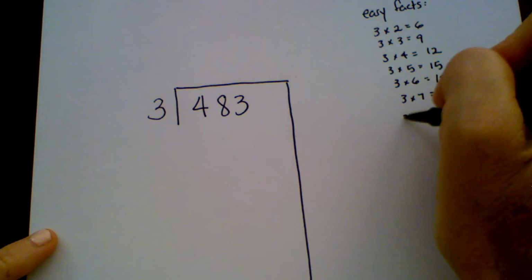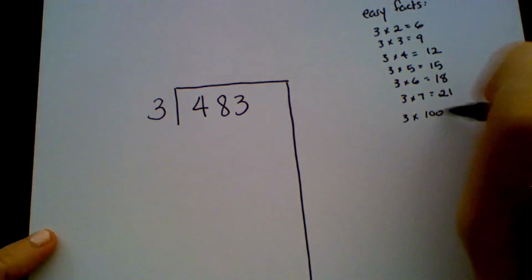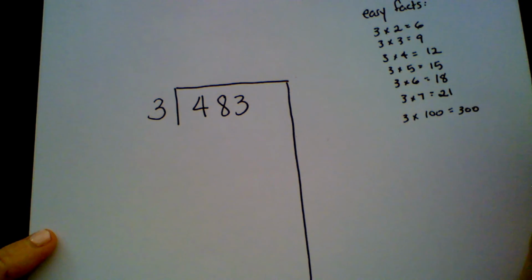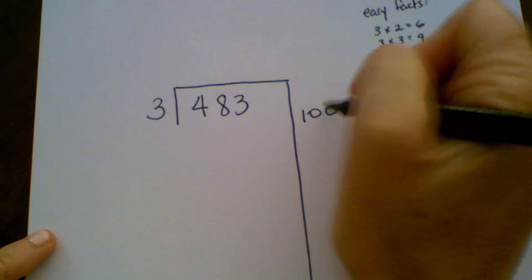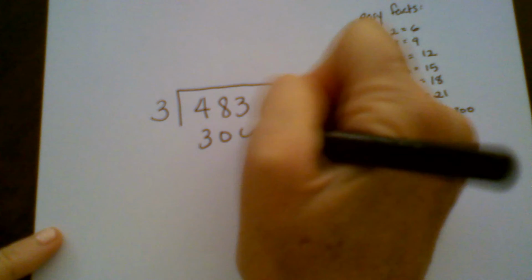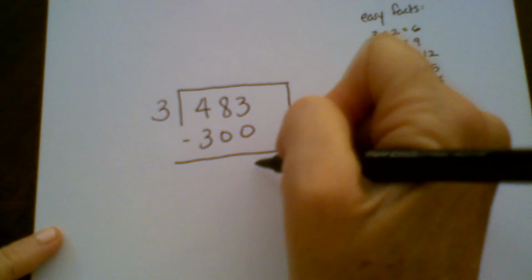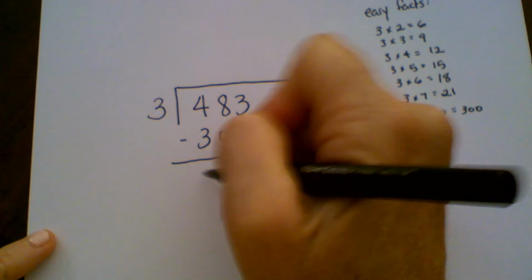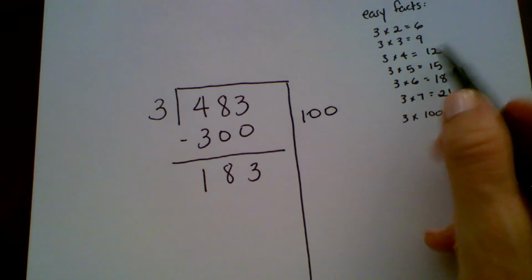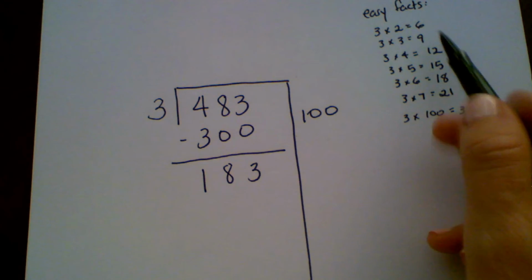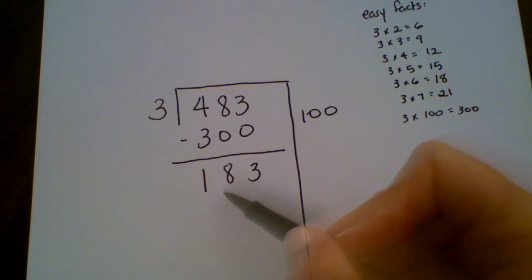Let me think. What about 3 times 100? Well, that's 300. I can try that. That's going to maybe take me up here close to the 483. So I'm going to do 100, and I'm going to subtract, and I'm going to get 183. And now I'm going to think, well, what does 3 get me close to? How do I get close to 18?